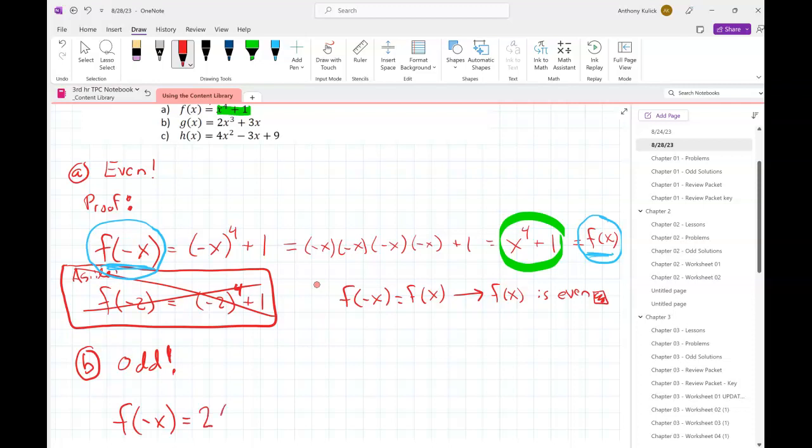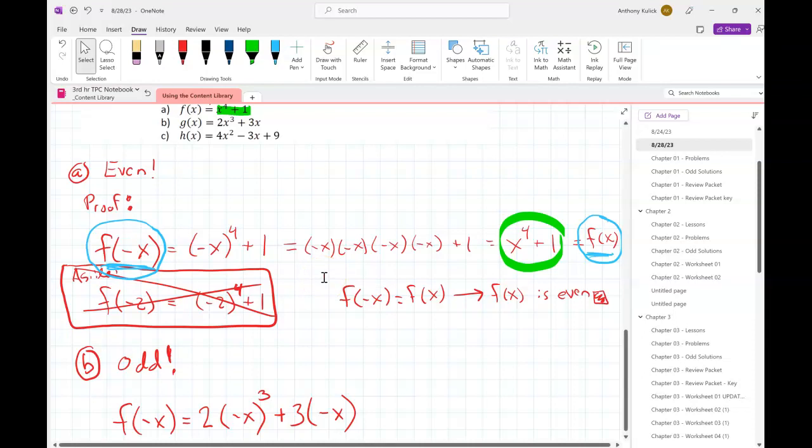So I still have 2, and then in place of x, I'm going to have negative x, and then I still have the third power. Then I have plus 3, and instead of x, I'm going to write negative x. So far, so good? Okay.